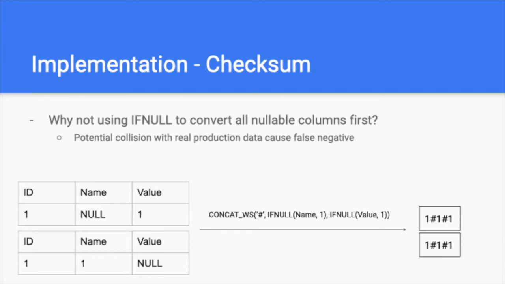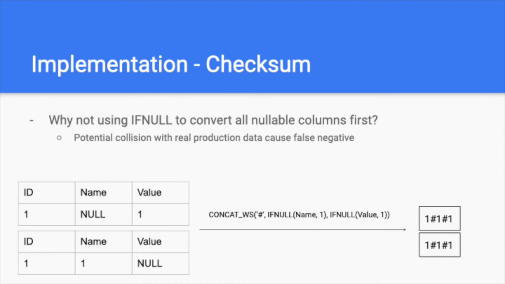You might ask, why don't we just wrap all the columns with IFNULL and convert to some non-nullable value to work around this issue? That comes with a caveat: whatever value we pick for the conversion might conflict with the actual production data. We can never guess what values can be observed in the production system, which is why we don't try to guess a unique value for the conversion, but rather use a bit mask strategy to work around all the nullable values.